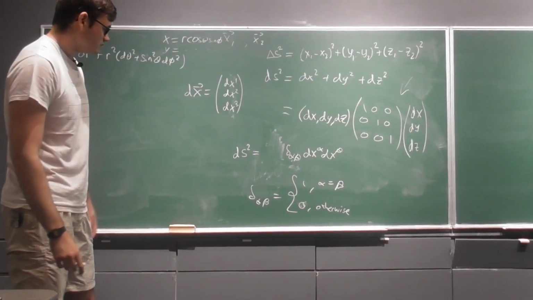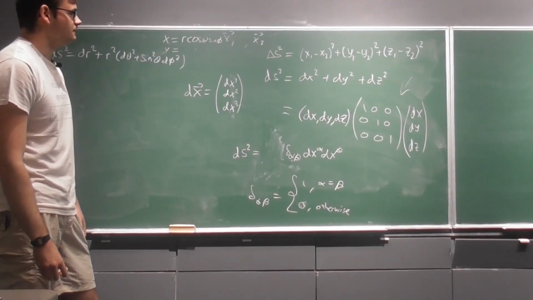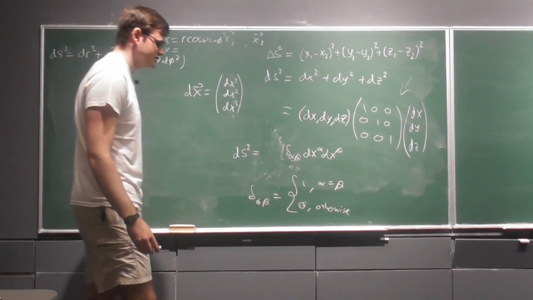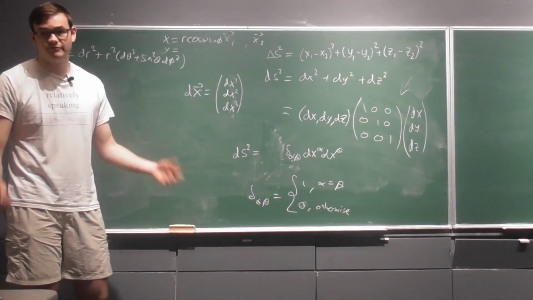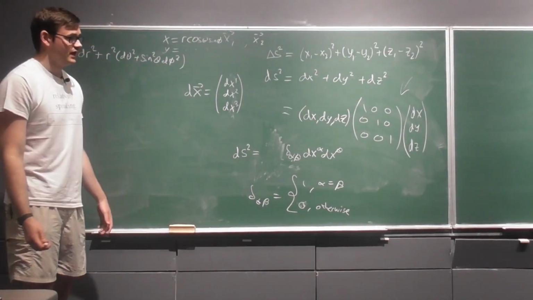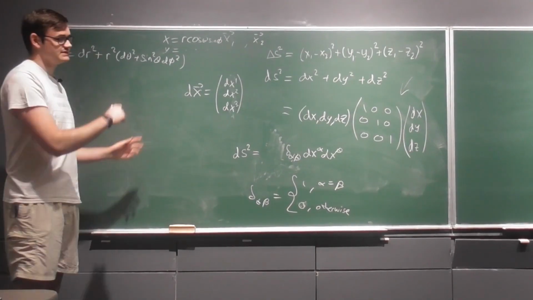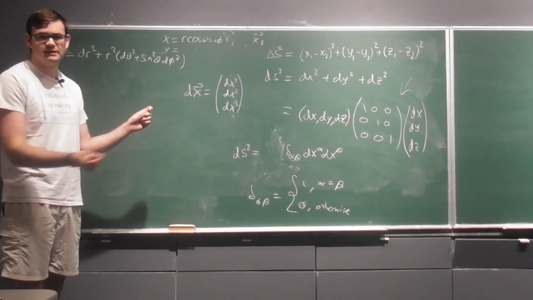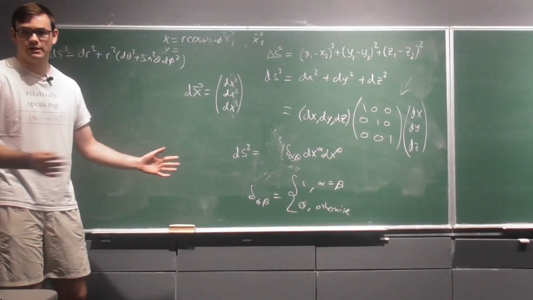Okay, so the distance between 2 points in flat spacetime, because there are a lot of symmetries in flat spacetime, should be invariant under certain things. If I do a rotation of both the points about some axis, then they should both still be the same distance apart because the space is flat everywhere.